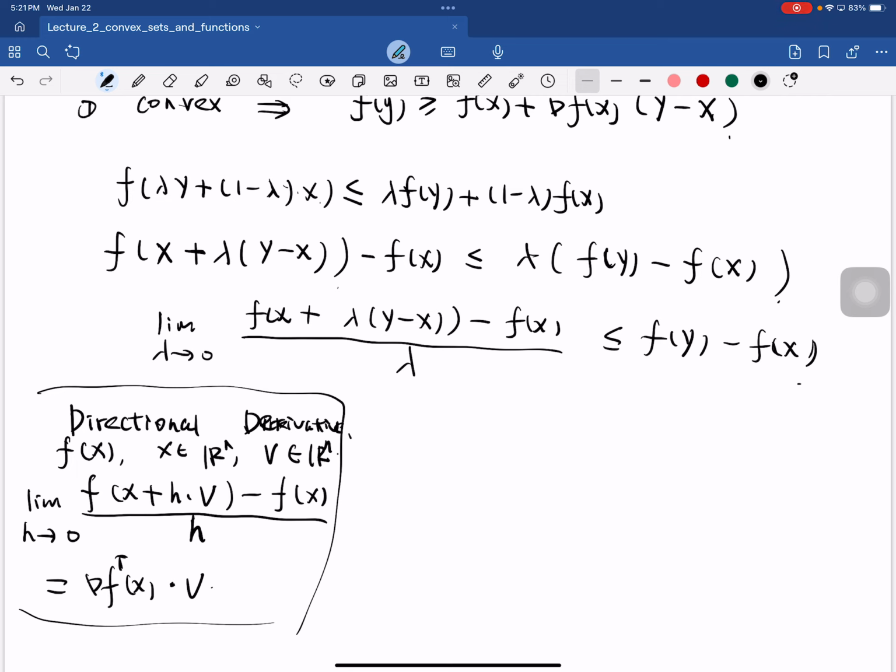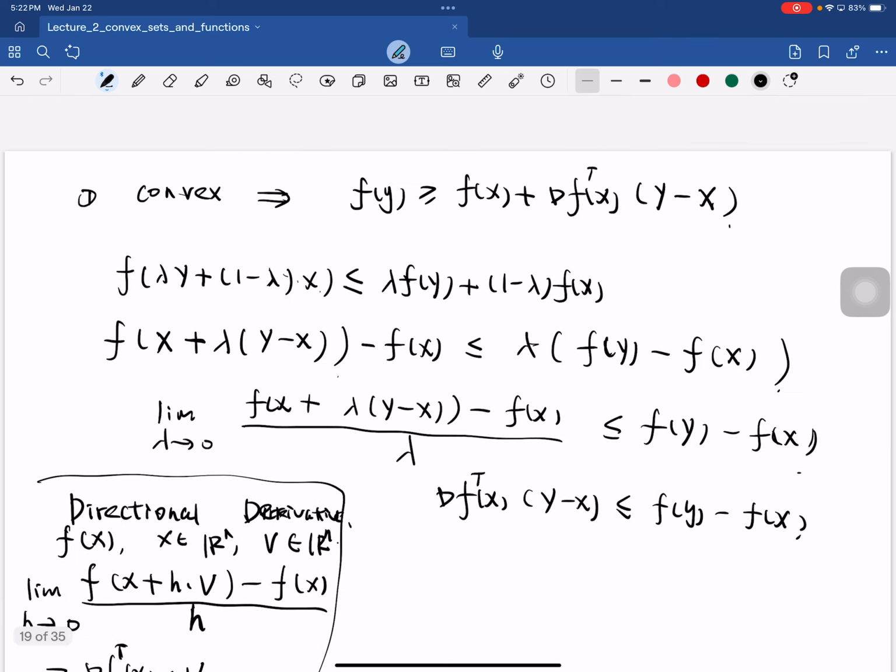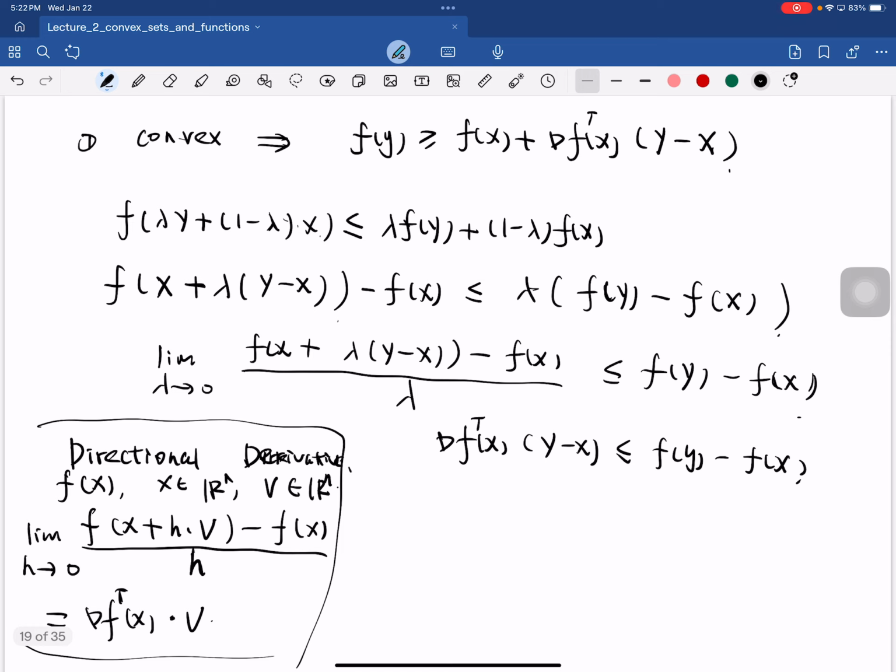But now you are perturbing x by v, so if you go in direction v, that should give you the gradient transpose v. So if you apply the directional derivative here, that means the gradient of f(x) transpose the direction, here y minus x, is less than or equal to f(y) minus f(x). That is exactly the same thing as our claim.